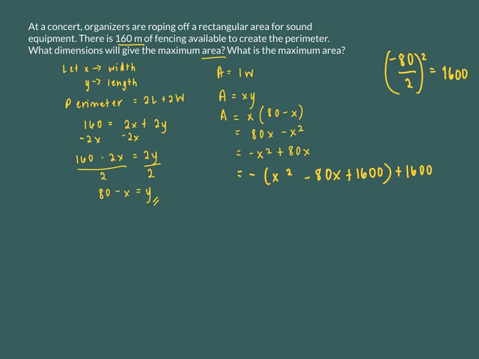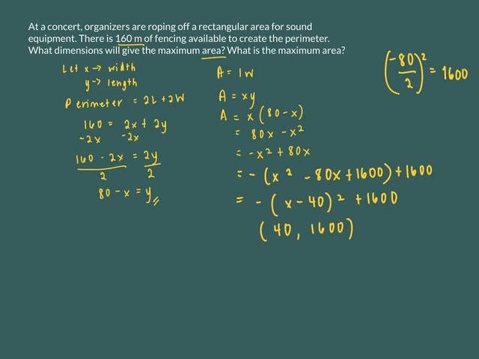And then we can simply write this as negative of x minus 40 quantity squared plus 1,600, giving us the vertex (40, 1,600).